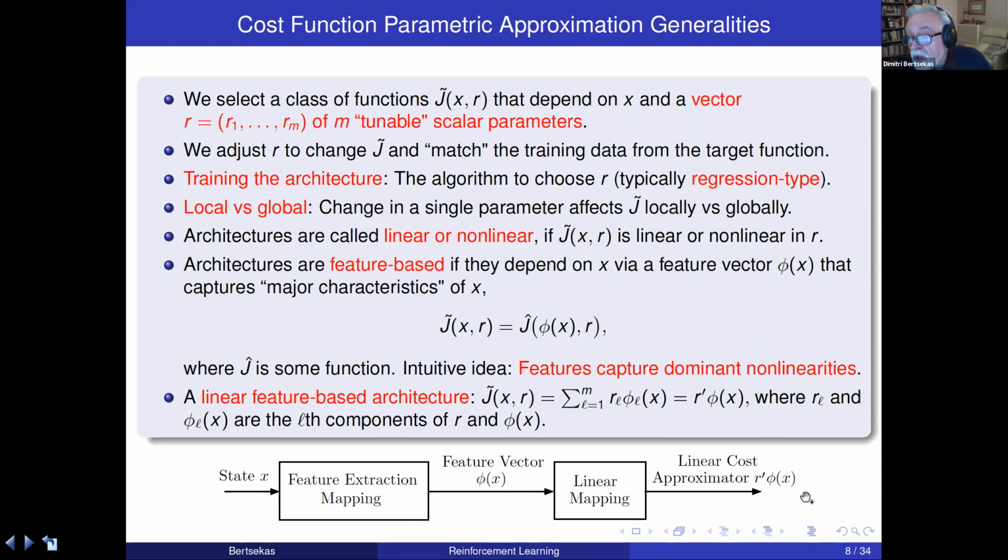We do it by using some kind of optimization training algorithm that we haven't discussed so far. Okay. So what is needed here is to have an expression for the feature vector, to be able to extract features. And then after that, this is the architecture, and then you have to train it to find the right values for R, so that this matches the data that you have.